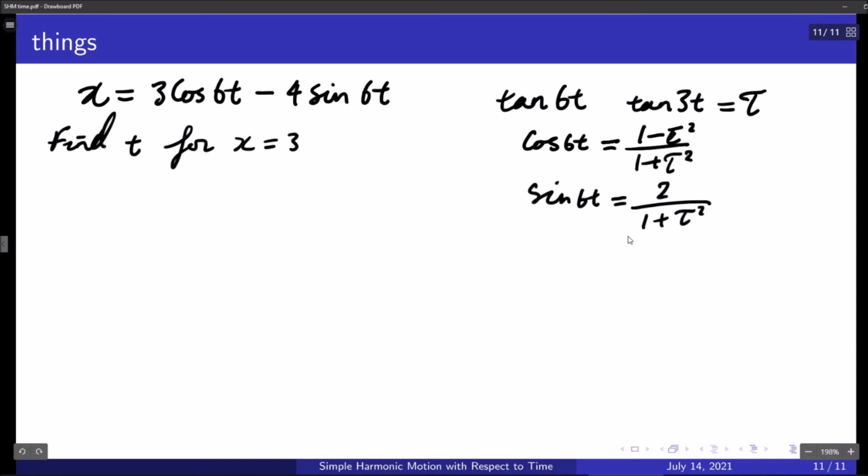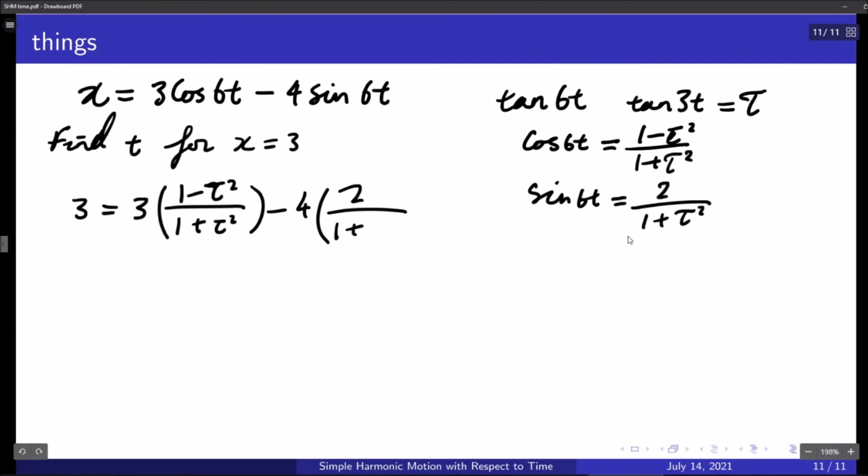So we substitute these back in. So we end up with 3 equals 3 times 1 minus tau squared over 1 plus tau squared minus 4 times 2 tau over 1 plus tau squared.